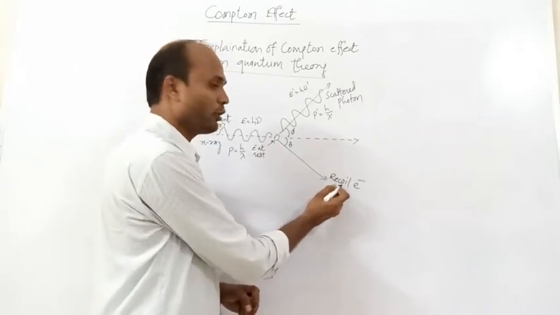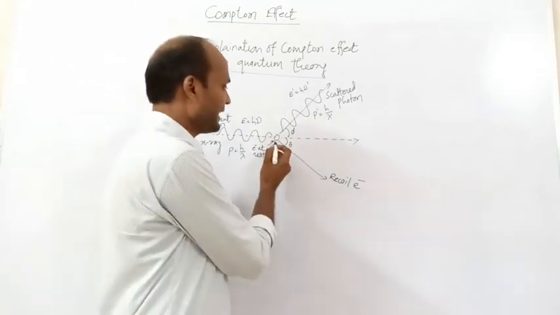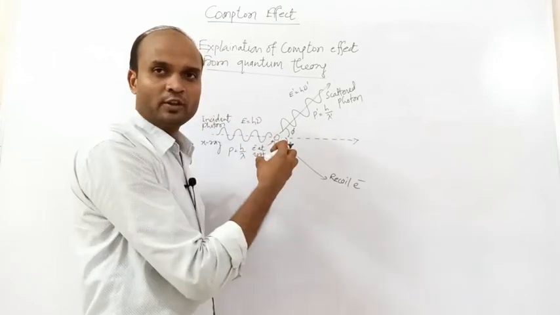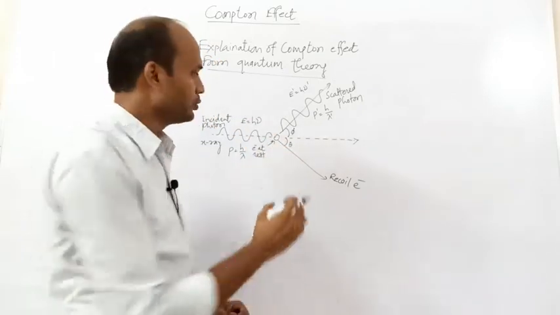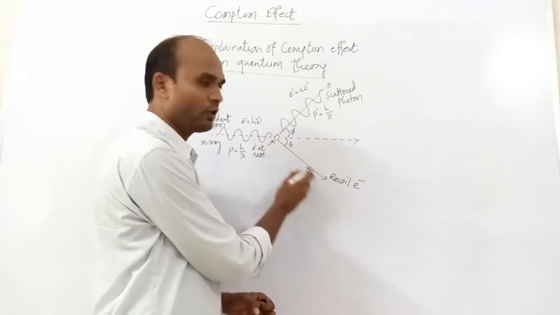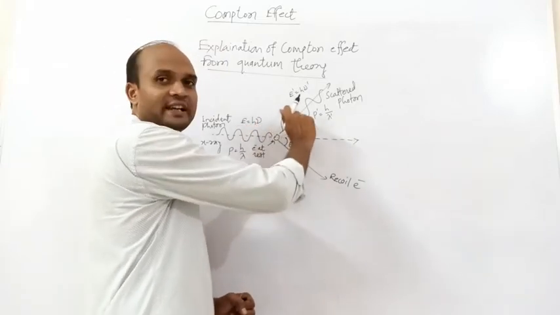The electron getting recoiled means it gains some momentum, so it acquires some kinetic energy, and that's why the energy of the photon is utilized to recoil the electron, and the recoil angle is denoted by theta. So the electron will get recoiled, while the incident photon will get scattered.